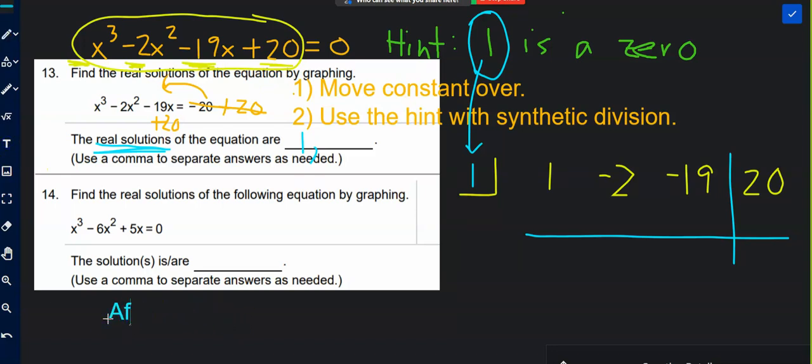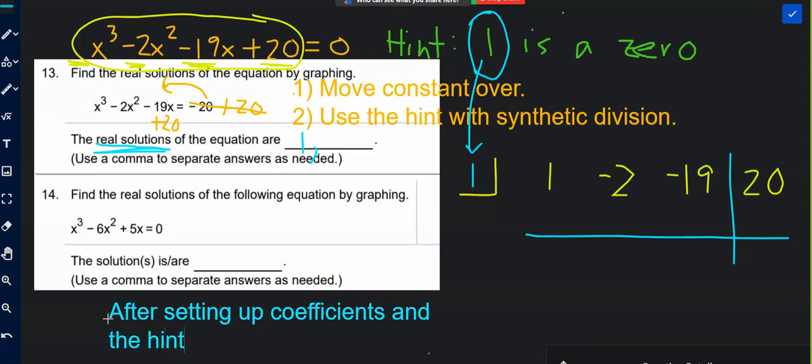But after setting up coefficients and the hint, carry down the first number. All right, so the first number. So what do I mean by that? I'm going to draw an arrow on screen so you understand what I mean.